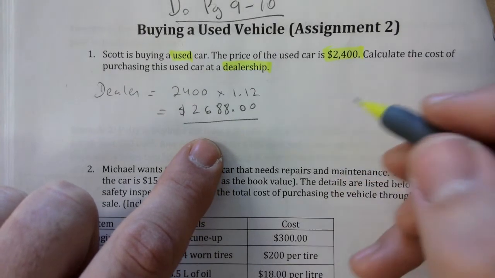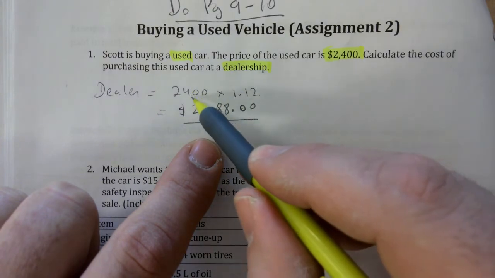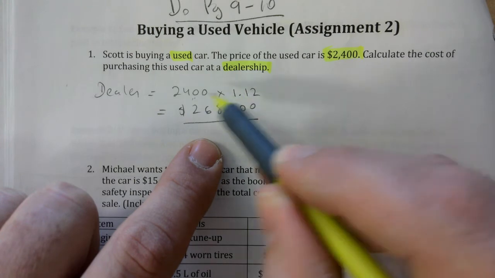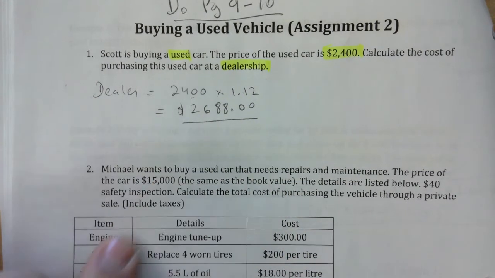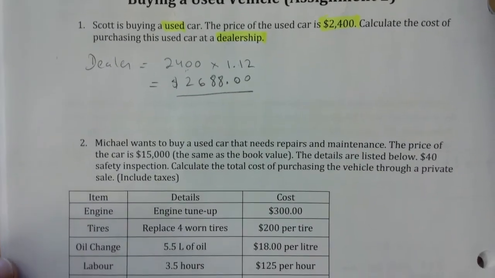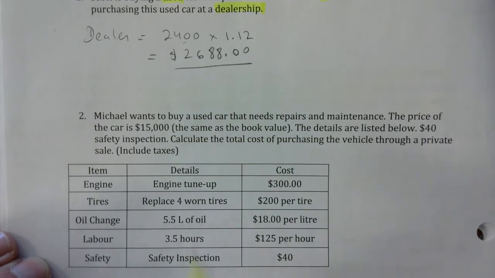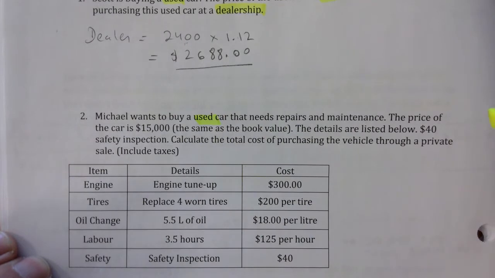If there had been a trade-in, the trade-in would have had to be taken off here before adding taxes. Just remember that the trade-in we covered in the buying new section, right? Next, Michael wants to buy a used car, and it needs repairs and maintenance.